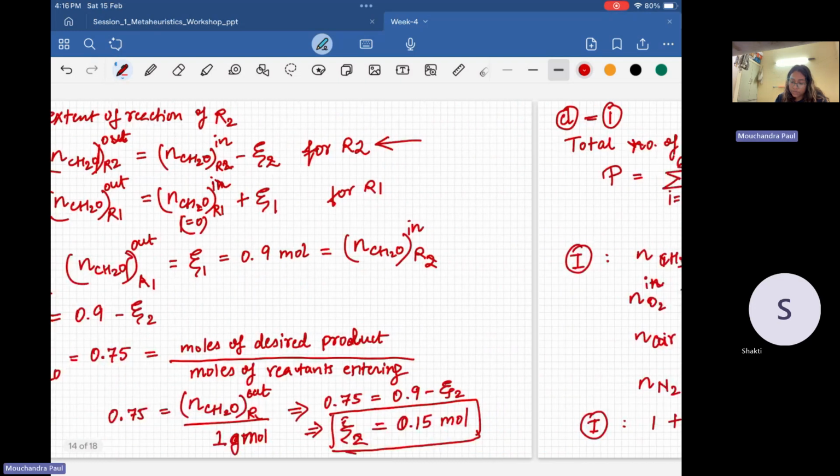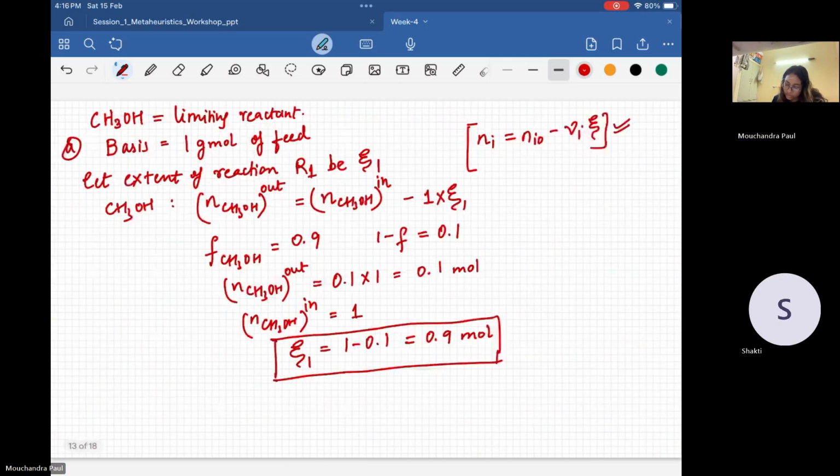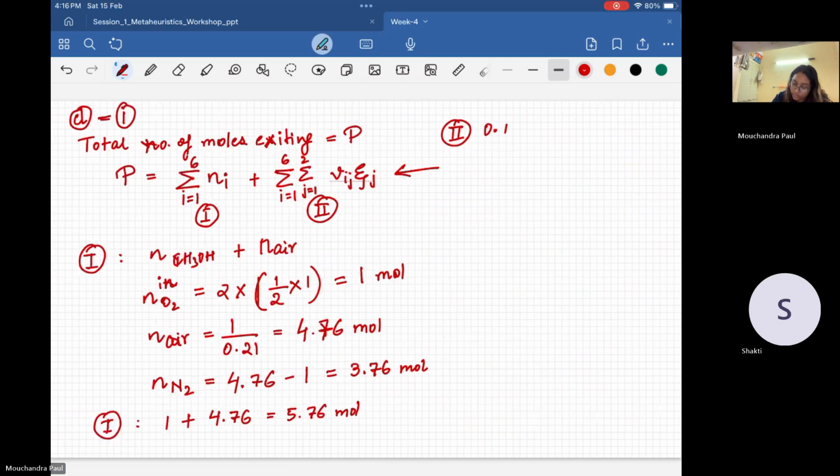And for reaction 1, the extent of reaction was 0.9, if I remember correctly, so plus 0.9 into the stoichiometric coefficients of all the reactants and products: -1, minus half, plus 1, plus 1.